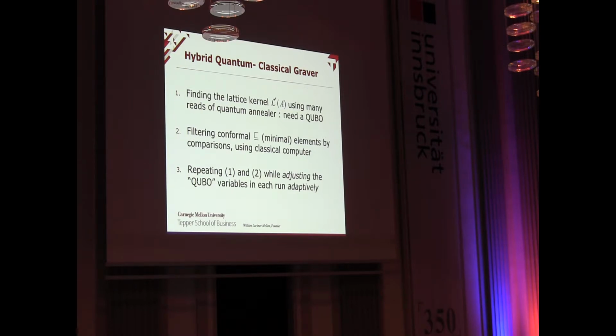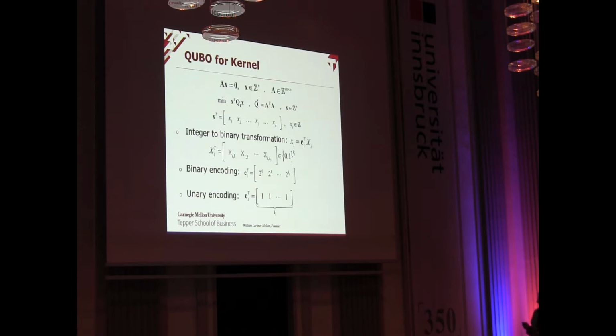And then we classically compare them with each other, and we check the conformal minimal part classically in the second stage. And we repeat these two in the next calls while we try to adjust the variables appropriately so that we hunt more vectors during the next calls. How we do it, I'll talk about that.